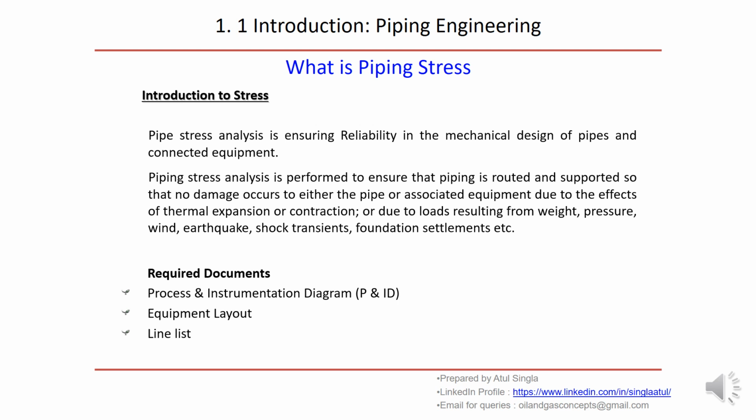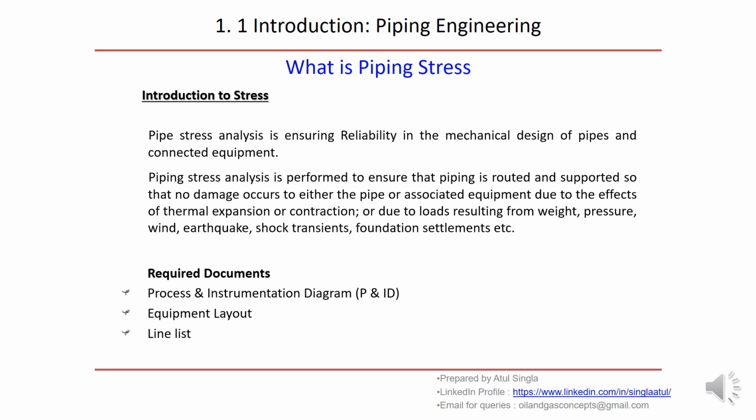Next is the introduction to piping stress. There are so many complicated piping, critical piping, non-critical piping. We call it the piping system. At every point of time, the piping system will be carrying some fluid which will be at different temperature and pressure. It will have its own weight, and there will be the weight of the pipe also.